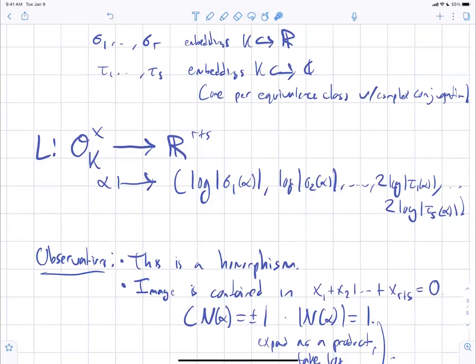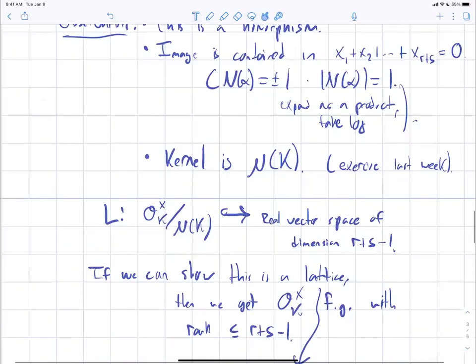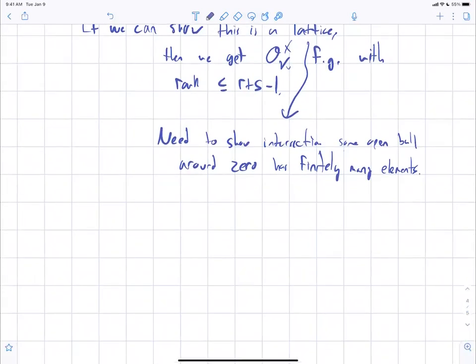So it doesn't even matter about OK cross, it's already true in OK for the image of OK under this map. Okay, so that's why. So this follows from OK injecting into R to the R times C to the S as a lattice.